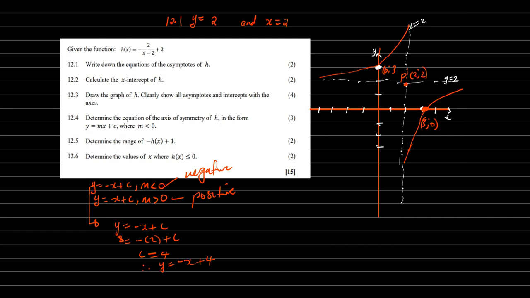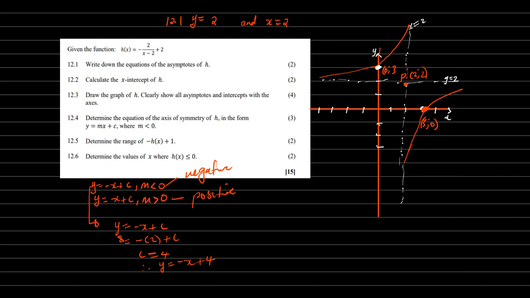So another question is saying, determine the range of negative h. Here we need to bring in some algebraic work because we are dealing with the translation of a graph. We are dealing with the translation of a function or a graph. So to deal with this particular problem here, we need certain aspects.